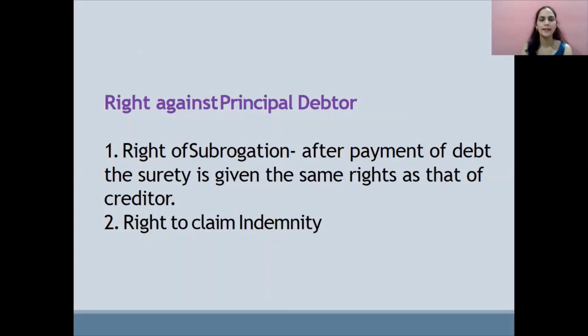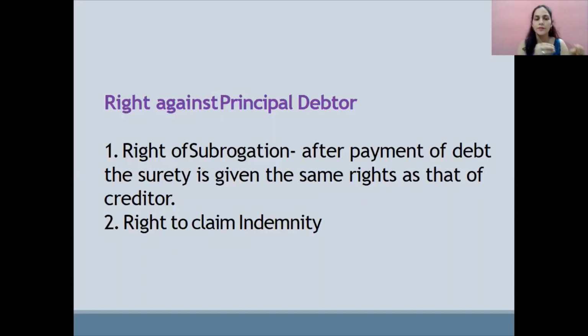Next comes right against principal debtor. First and foremost right is the right of subrogation. Right of subrogation means after the payment of debt on debtor's default, automatically the surety is given the same rights as that of the creditor.